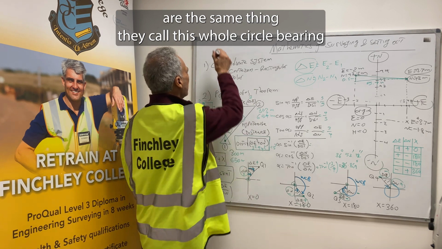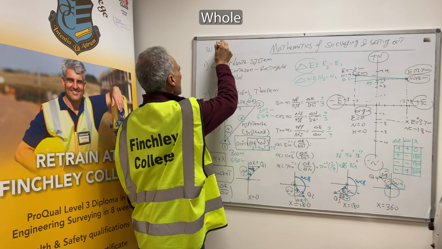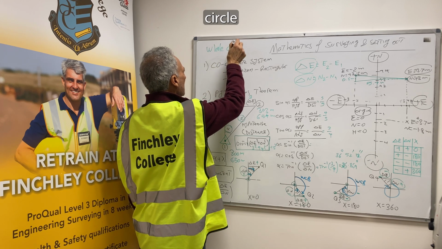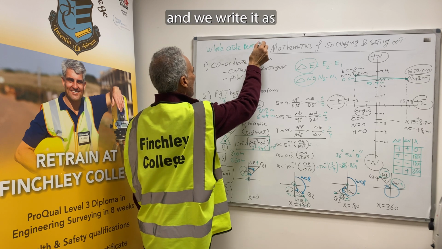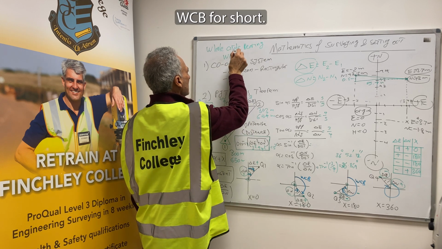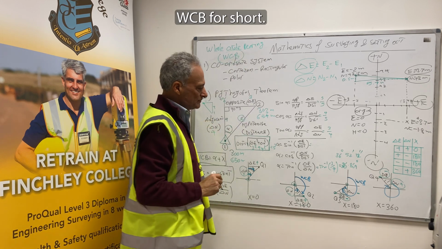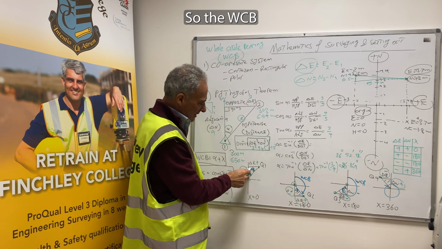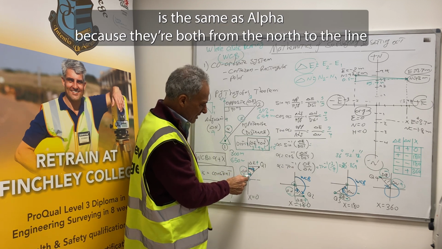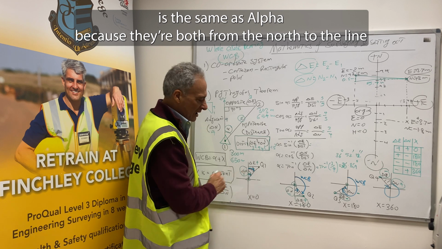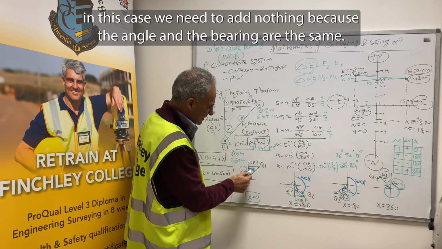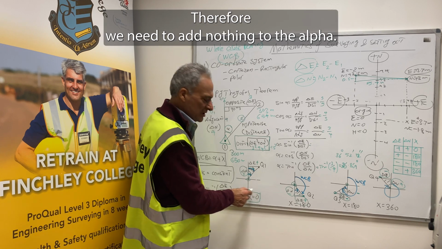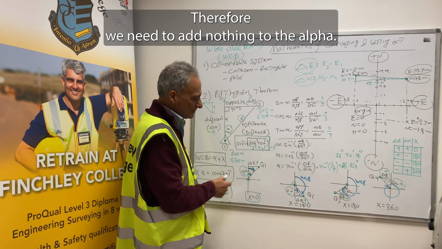We call this whole circle bearing, and we write it as WCB for short. So the WCB is the same as alpha because you both measure from there to the line. In this case, we need to add nothing because the angle and the bearing are the same.